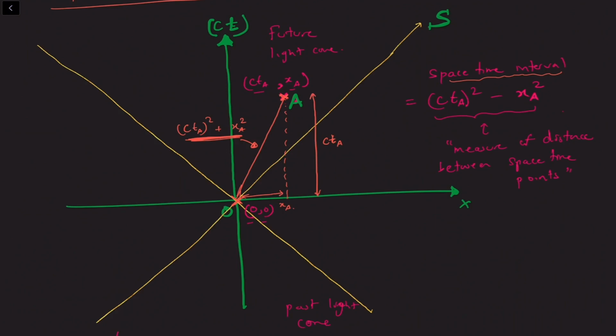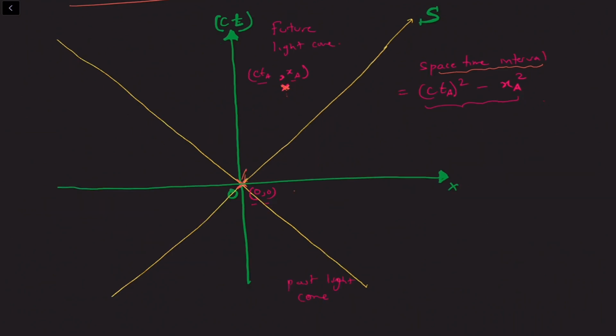Okay, so this distance measure is called a distance measure of Minkowski spacetime, which is different from a distance measure on what we call Euclidean space, where Pythagoras' theorem holds. Okay, so I'm going to erase this now.